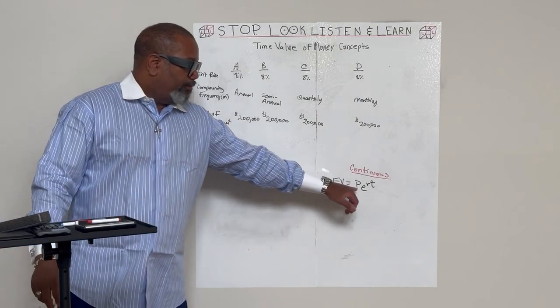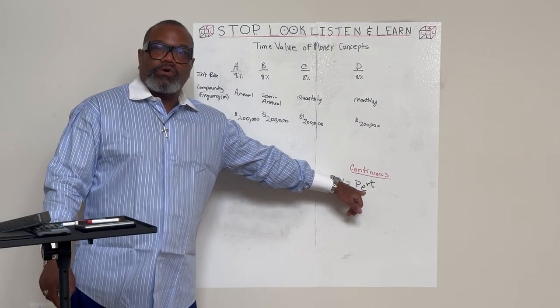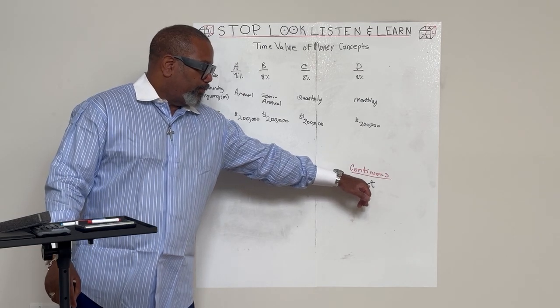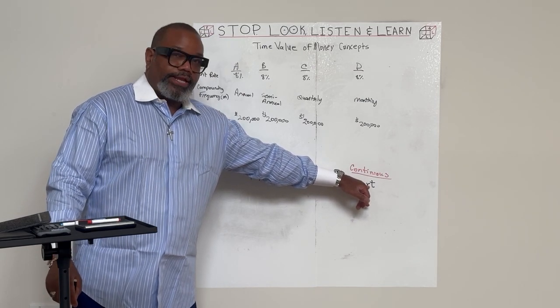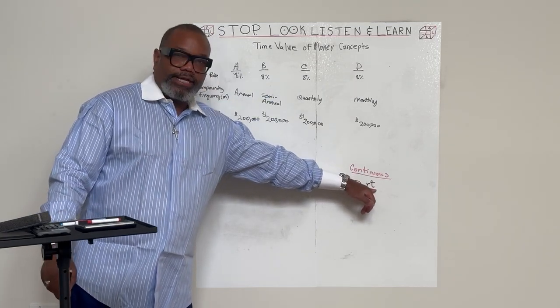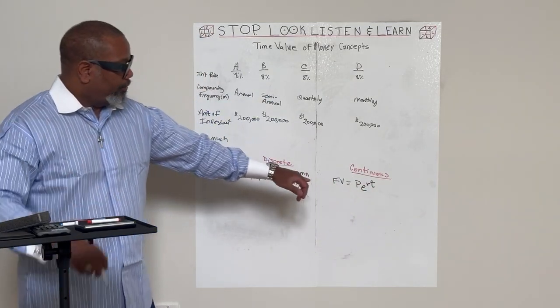When you go to continuous compounding, you get Euler's number, which is this E, and you raise that to the stated rate in decimal form, and you multiply that by the period.